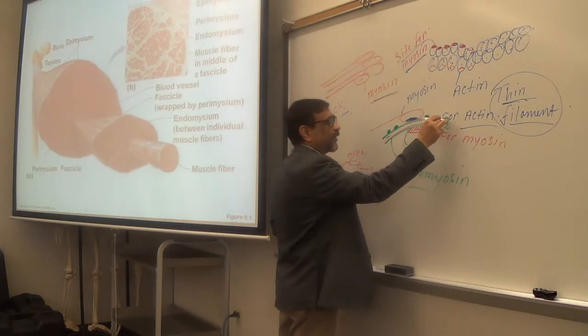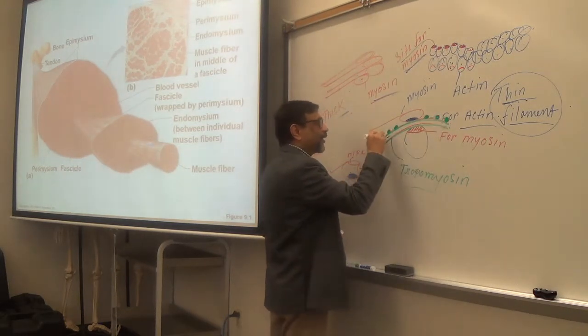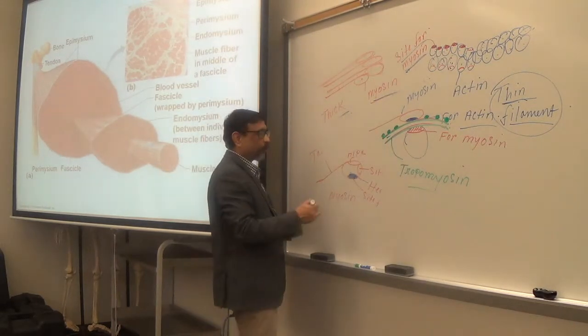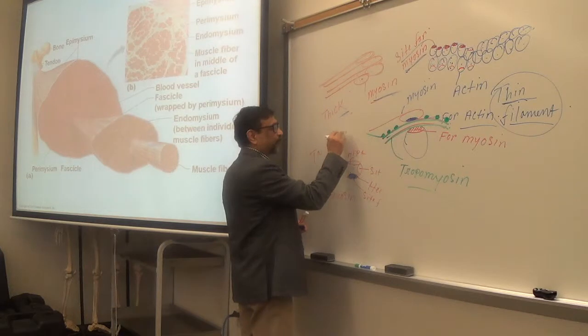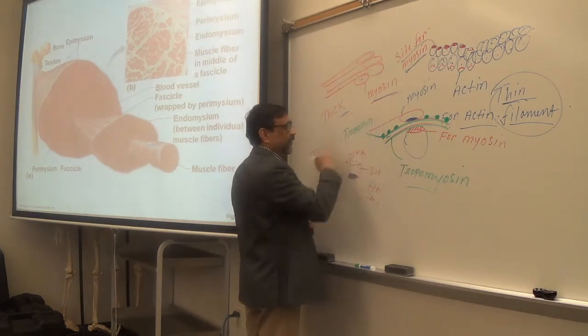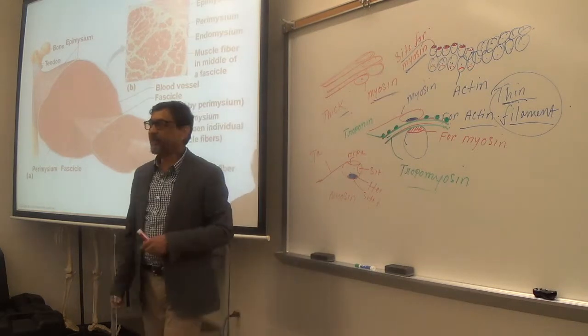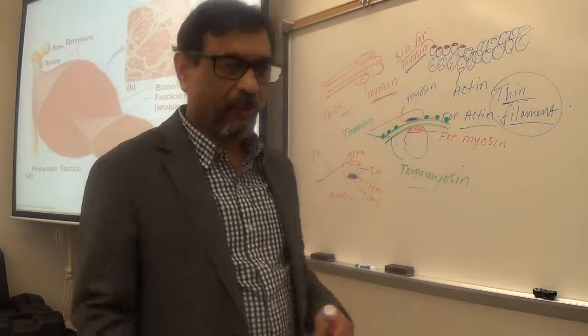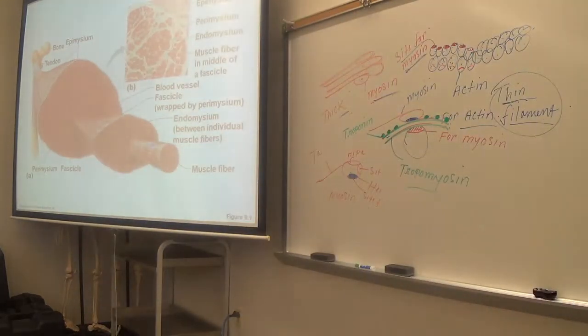On tropomyosin, you have tiny protein structures. These are called troponins. Troponins are attached on the rope, tropomyosin. So troponins are attached on the tropomyosin.